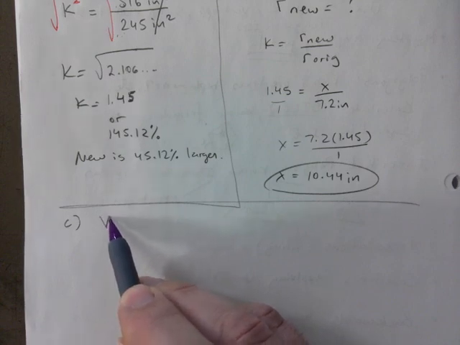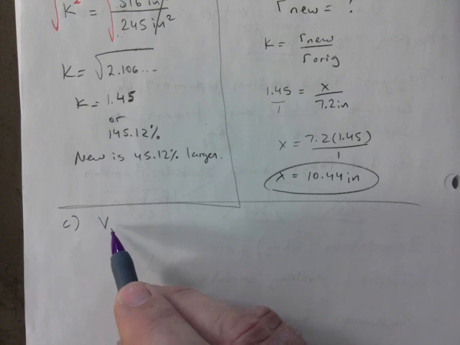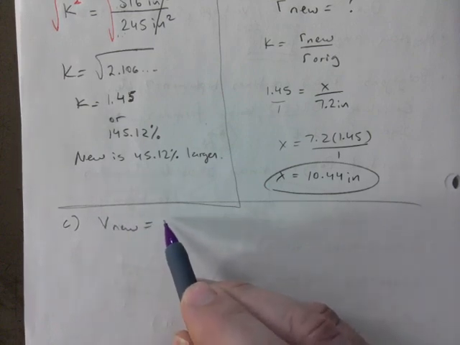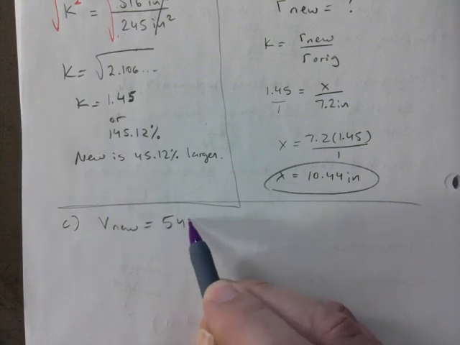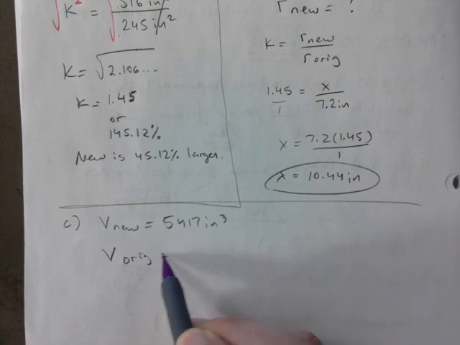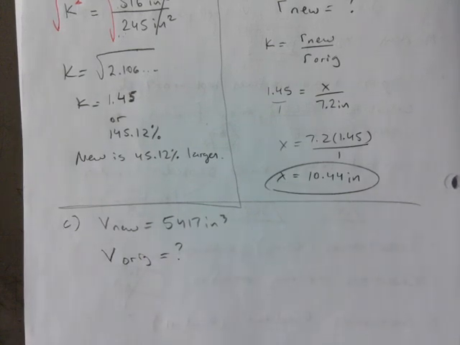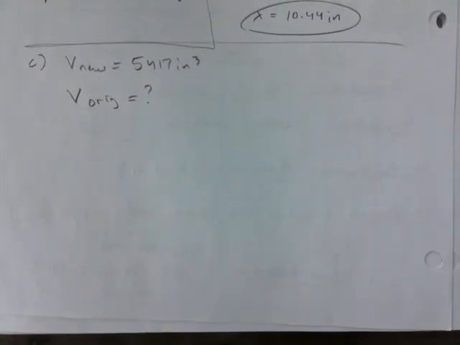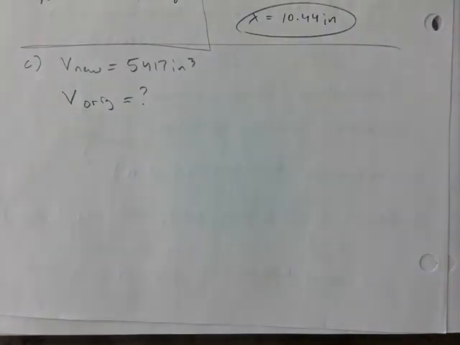So what if the volume of the new was 5,417 cubic inches? What's the volume of the original? What if it asked you that? Remember, we have our scale factor. Now we're using that scale factor to go from one to the other. Oh, cubic.